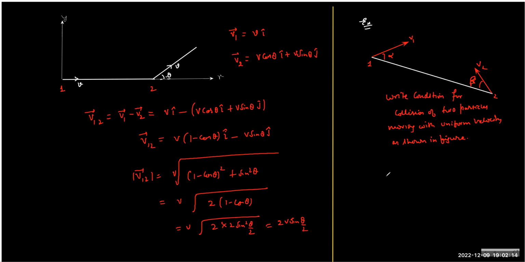Okay. What is the answer, Harry? Tell me. Sir, V1 sin alpha equals V2 sin beta. Very good. You can choose anyone as the observer, then what will happen?